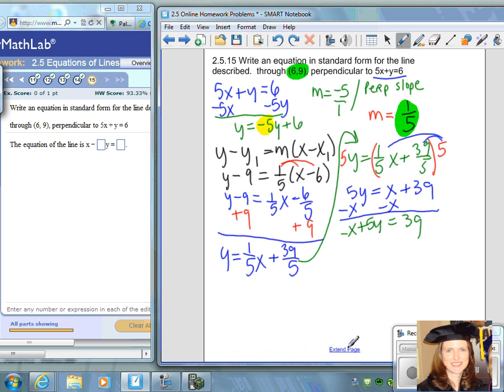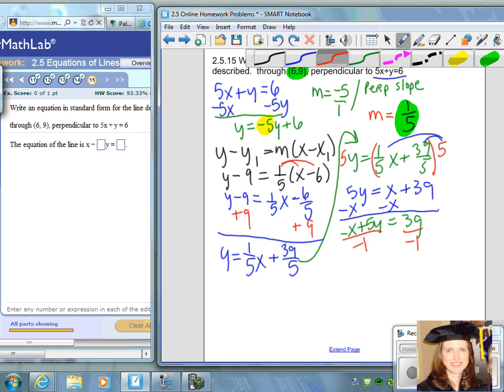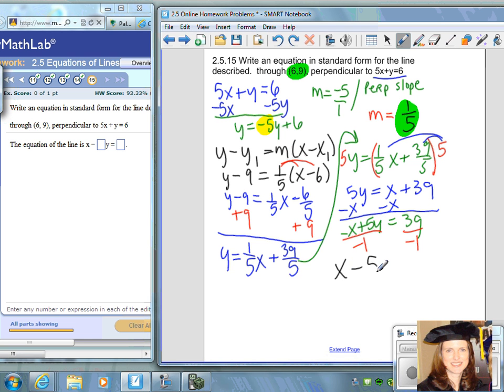And then finally, the last step is to make sure that the leading coefficient is positive. So we can divide everything by negative 1. Negative x divided by negative 1 is a positive x. A positive 5y divided by negative 1 is minus 5y.